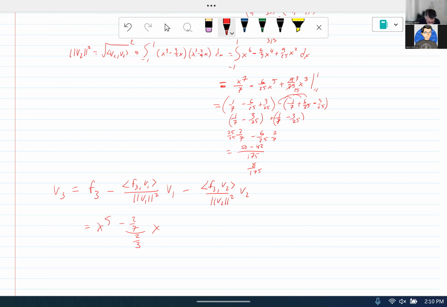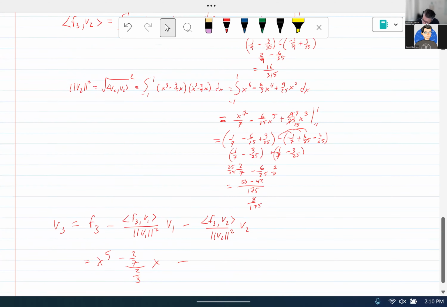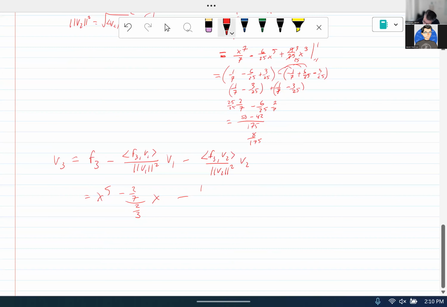Okay, minus, F3 dot V2, that was the 16 over 315. And that might reduce, I don't know. I don't think so, unless 315 is divisible by 4 or 8. All over V2 squared, which is 8 over 175, times V2. And what was V2? It was that x cubed minus 3/5 x.